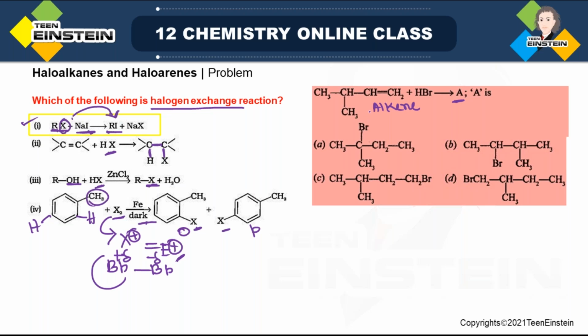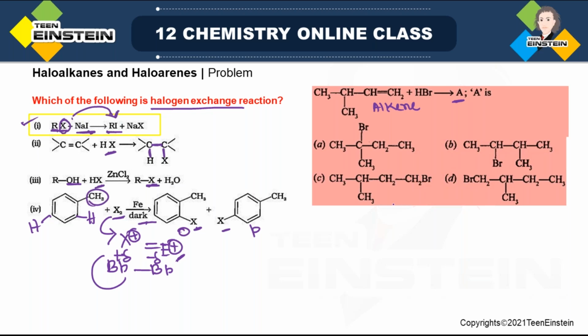Now this alkene is an unsymmetrical alkene because both sides of the C=C double bond are not equal. And this is HBr addition, that is addition of hydrogen halide to the C=C double bond. Now remember, in the last class we have discussed the Markovnikov rule and anti-Markovnikov rule. Now if you are blindly following the Markovnikov rule, what is the rule?